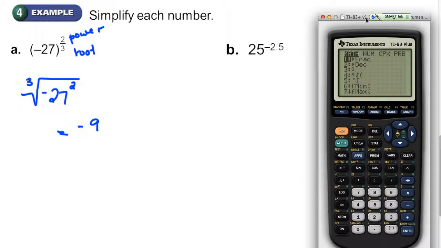Let's see. Math, open parentheses, negative 27, close parentheses, squared, close, hit enter, positive 9. There we go. That's what we're supposed to get.